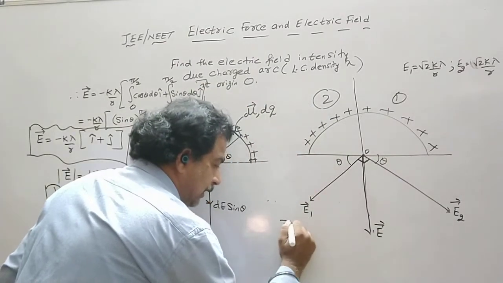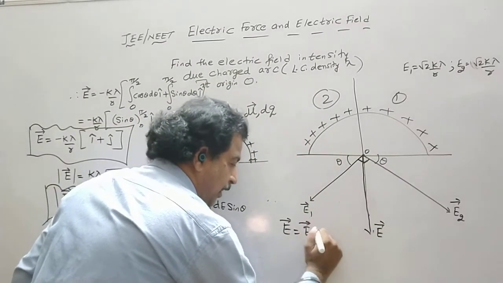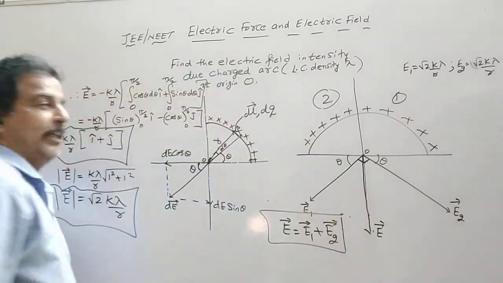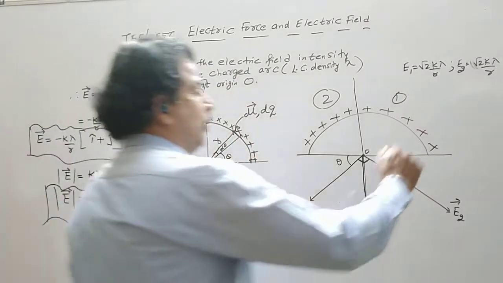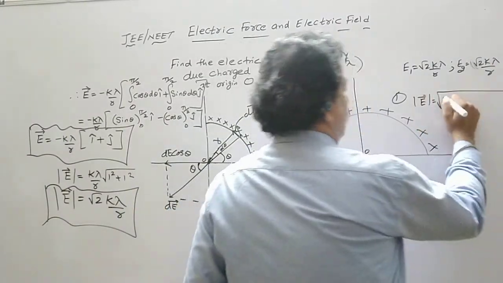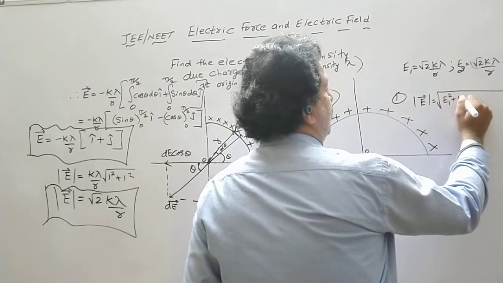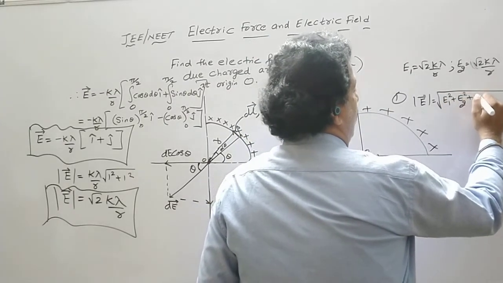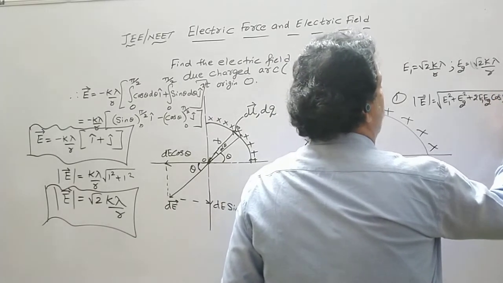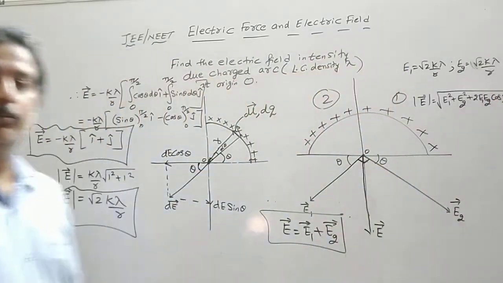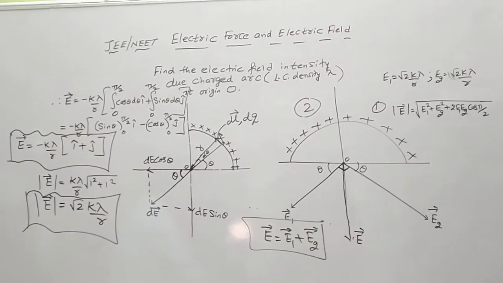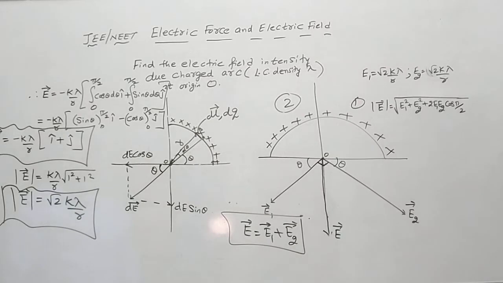So E vector can be written as E1 plus E2. This is the vector addition. Now the magnitude would be written as under root E1 square plus E2 square plus 2 E1 E2 cos of the angle between E1 and E2. That comes out to be 90 degrees, and we know that cos 90 is equal to 0.